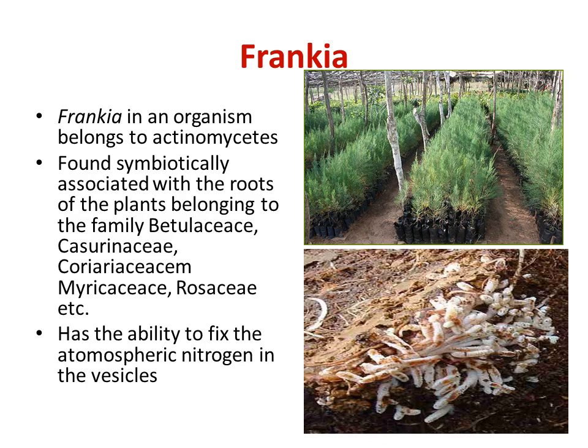Here in the case of Frankia, they can produce some structures called vesicles. As you could see in Rhizobium, when they interact with leguminous plants, they produce nodules. In the same way, these organisms can produce special structures called vesicles.